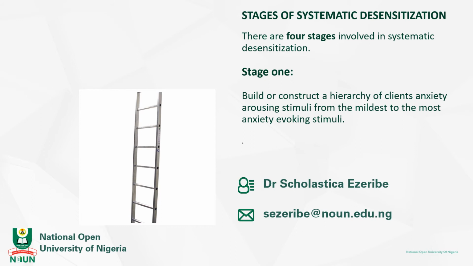Then you climb to the next ladder, which is 40%. The next ladder is 45. The next is 55, 60, 80, 100. So as you are arranging the stimuli, you arrange it from 20 to 100, which is the highest, 20 being the lowest. As you arrange it like that, you are now ready.